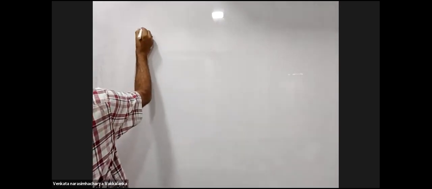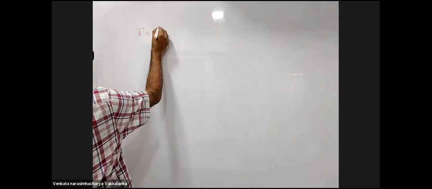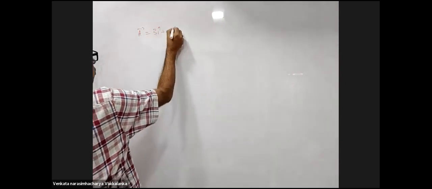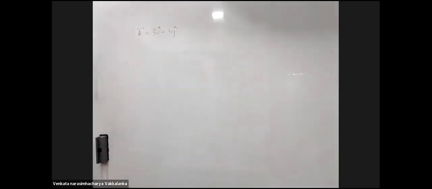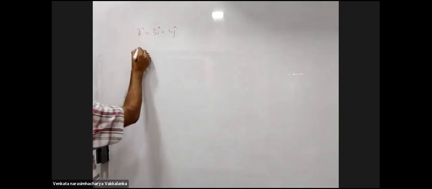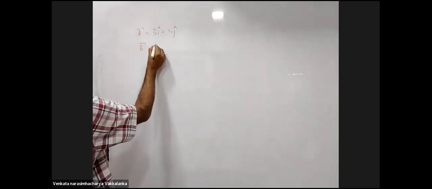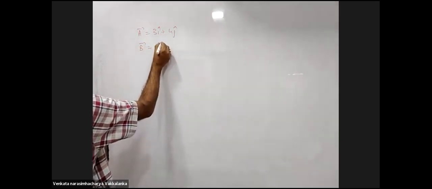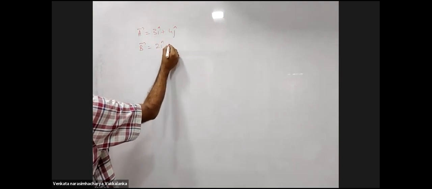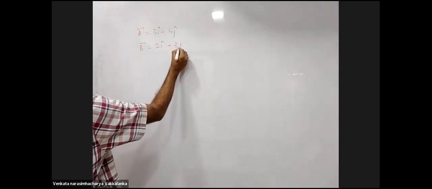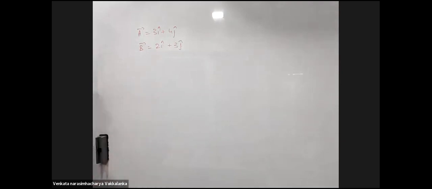Take an arbitrary vector A as 3i cap plus 4j cap. There is a vector B as 2i cap plus 3j cap. Right?